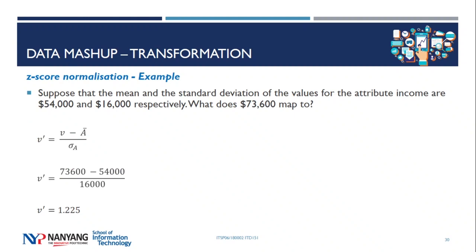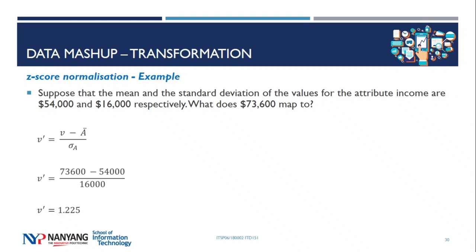So here is an example of z-score normalization. Using the previous example, where does 73,600 map to now? Based on the formula for z-score normalization, we plug in the values, the mean and the standard deviation, and after the z-score normalization, the value is 1.225.